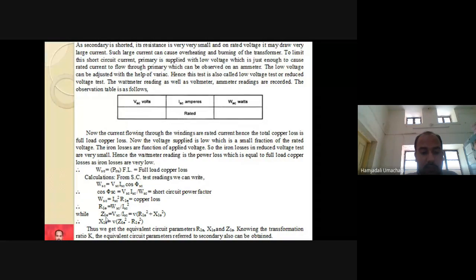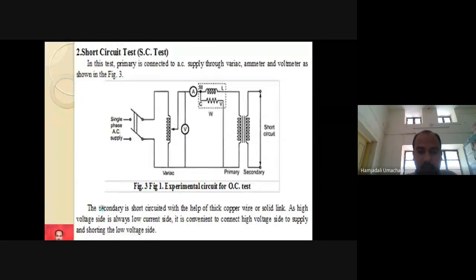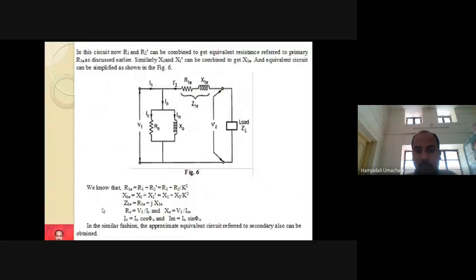Similarly, what is my Z value? Impedance is nothing but V by I. Z is equal to voltage divided by current. So I estimated the value for R1E, which is WSC divided by ISC square. This value I am getting from the short circuit test, and to get the value of Z1E, Z is V by I. Once you know R and Z, how to get the value of X?